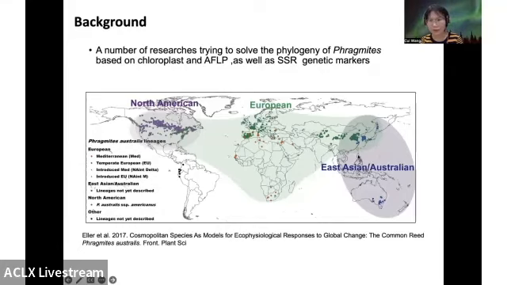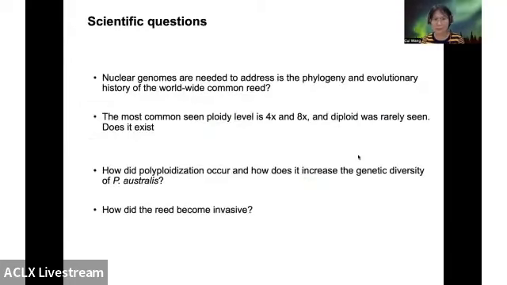However, these results are based on chloroplast. It's possible to bias the real phylogeny because of chloroplast capture. So nuclear genomes are needed to address the phylogeny and evolutionary history of the common reed.